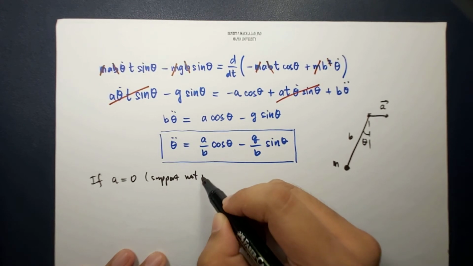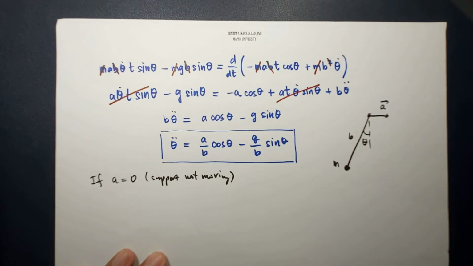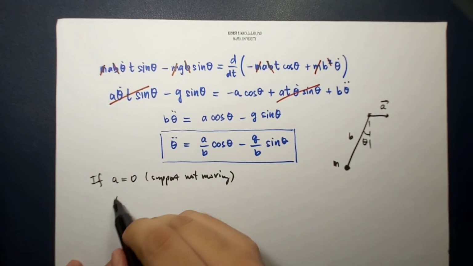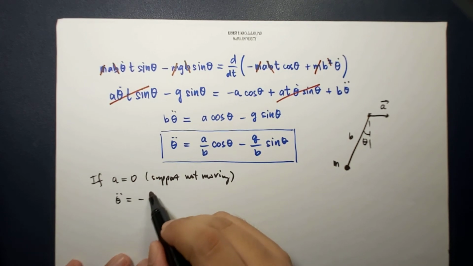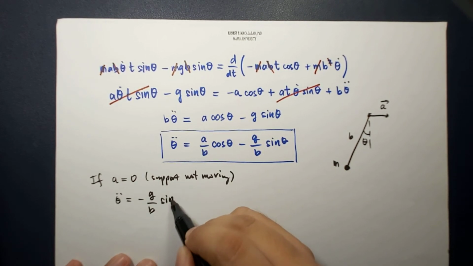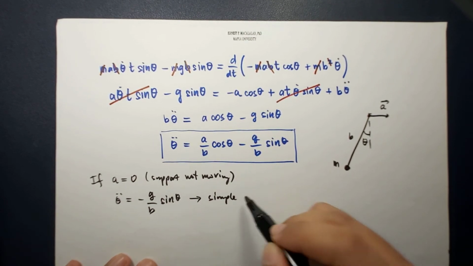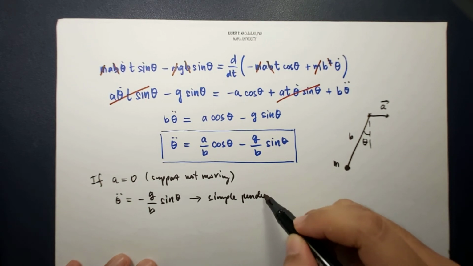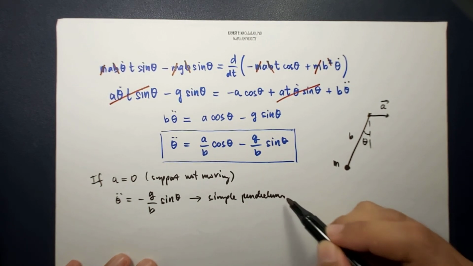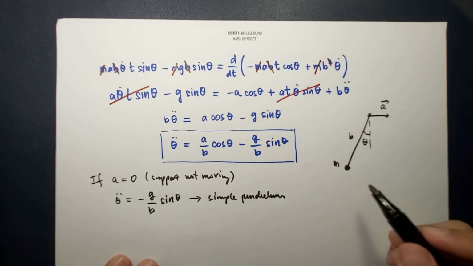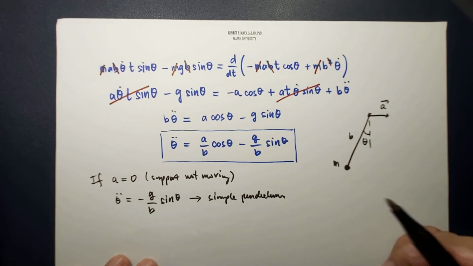Or at least moving with a constant velocity. But the point is that if a is equal to 0, this term would be equal to 0. So theta double dot will now be equal to negative g over b sine theta. And this gives you your simple pendulum equation of motion. So if the support is not moving, this system will behave as a simple pendulum.